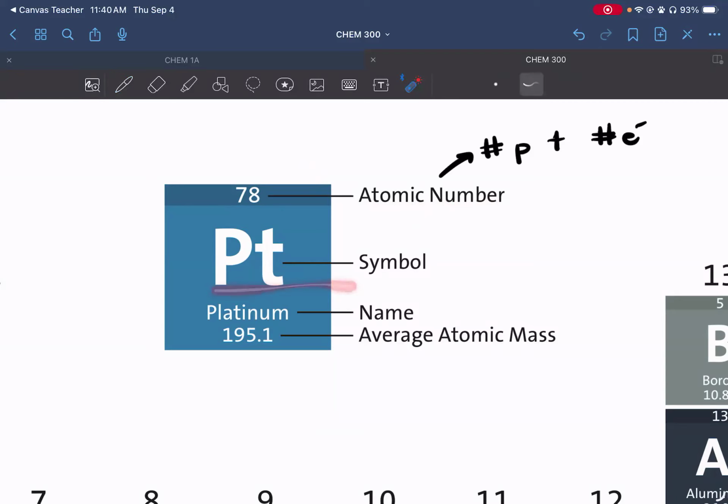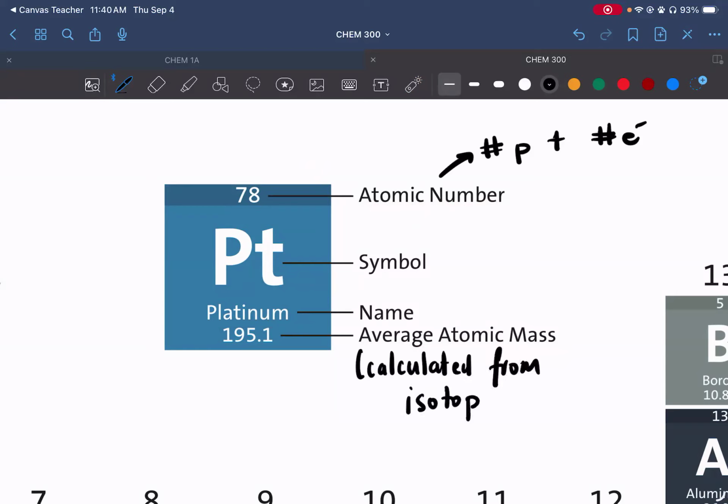The symbol is a shorthand, typically two letters. We have the name right under it. And we have the average atomic mass, which, as you recall, is calculated from the isotopic abundance. So that's how to read the different symbols on this table.